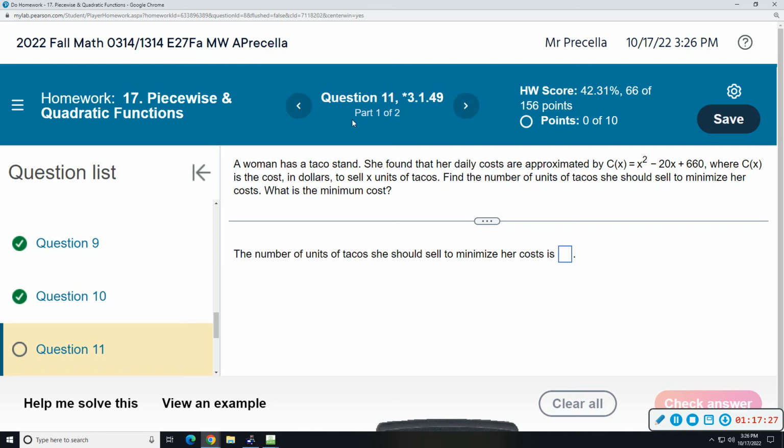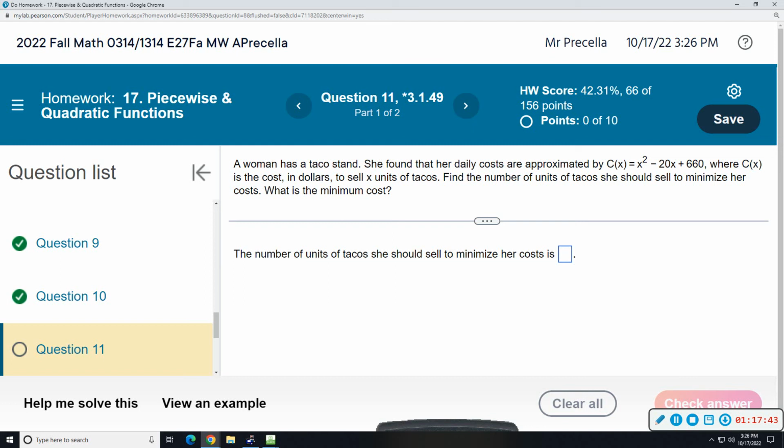Every one of these word problems, and there's a whopping 3 of them, you're given a function. Let me go ahead and write this one down. It's number 11. A woman has a taco stand.